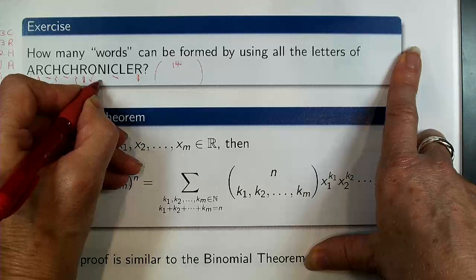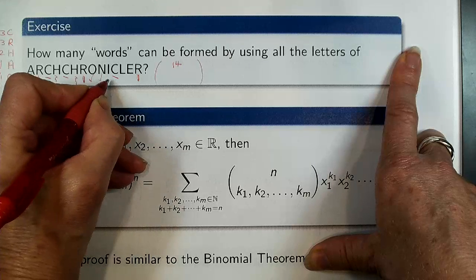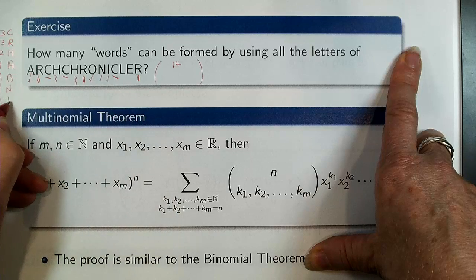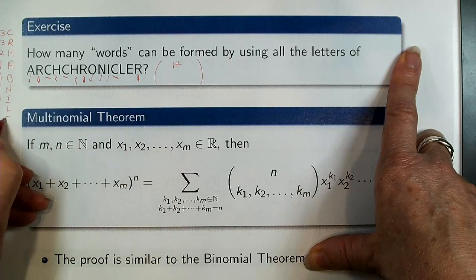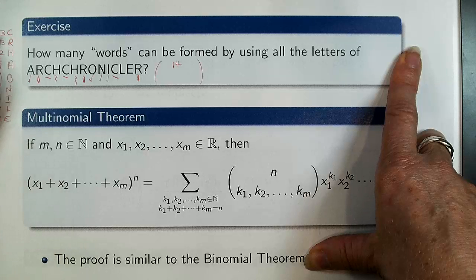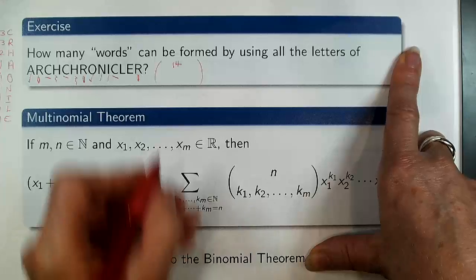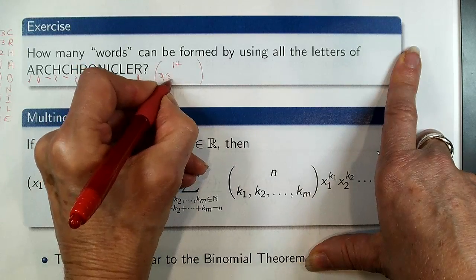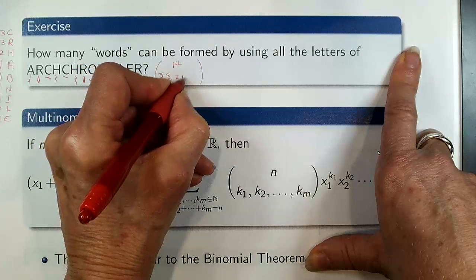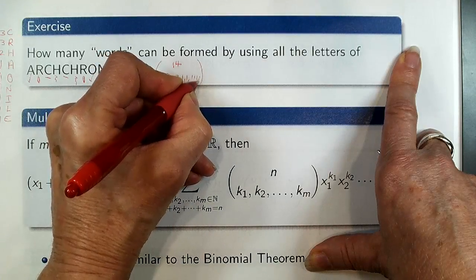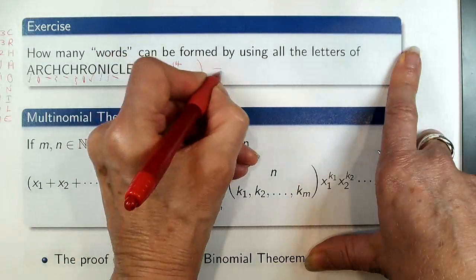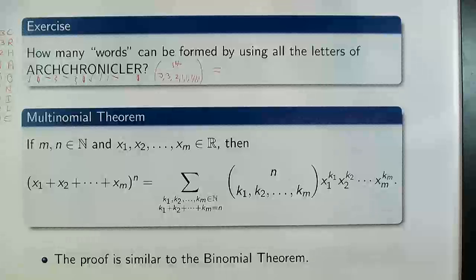An N? An I? 1 I? An L and an E. Okay, so it's 3, 6, 7, 8, 9, 10, 11, 12, 13, 14. Oh, I got that right. So it's going to be 3, 3, 2, 1, 1, 1, 1, 1, 1, 1, 1, 1, with commas between them. Okay, which you can work out. So that'll be the answer.